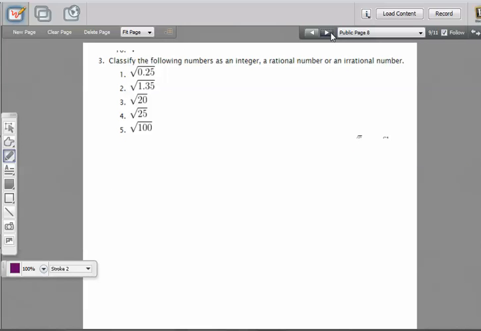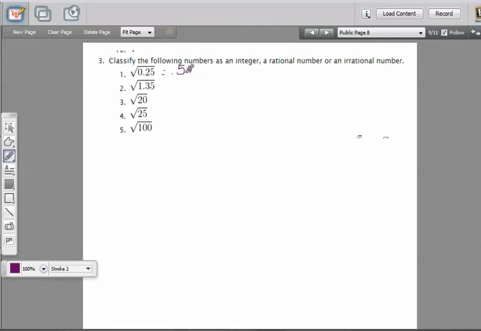Right, classify the following numbers as an integer, a rational number, or an irrational number. We've looked at these already. These are all from our previous examples between 1 and 2. We know that the square root of 0.25, if I were to look back on my last slide, is 0.5.